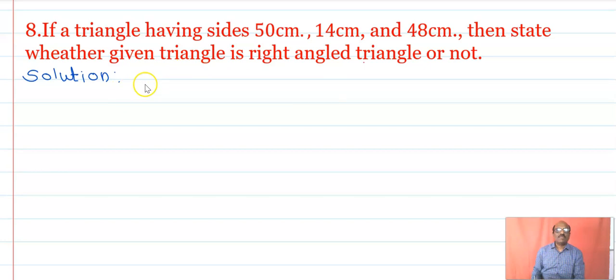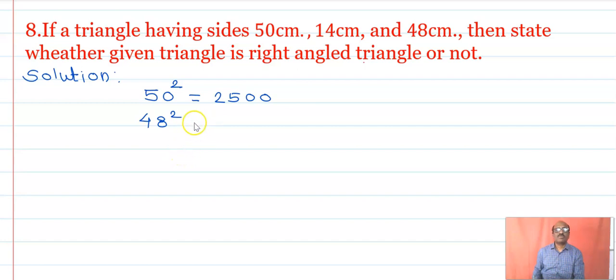Now here we have 50 square, so square is easy. Next 48 square.